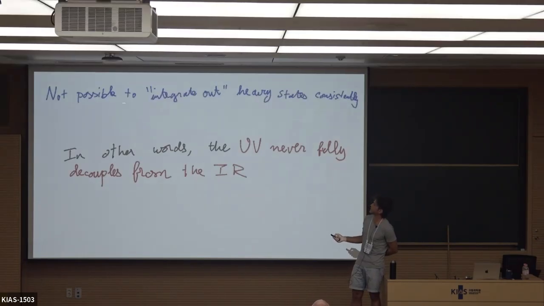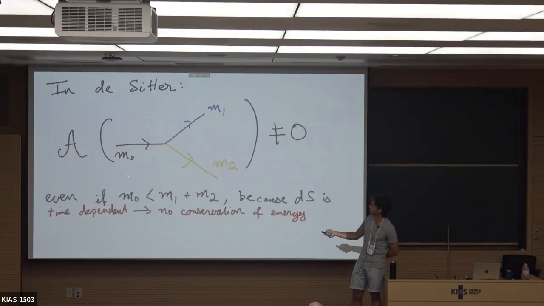So the consequence of this is it's never possible to fully integrate out heavy states in a QFT, because the UV never fully decouples from the IR. If I start with some low energy state, I can always populate higher energy stuff in de Sitter as I time evolve, because the Hamiltonian is time dependent.